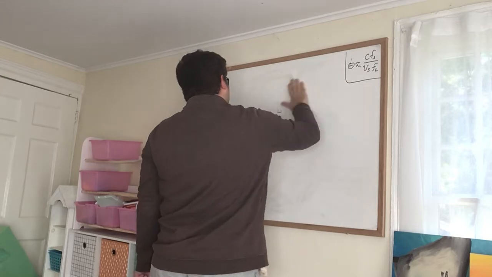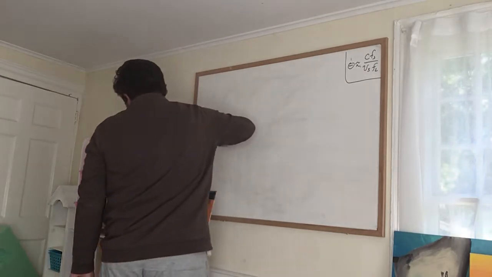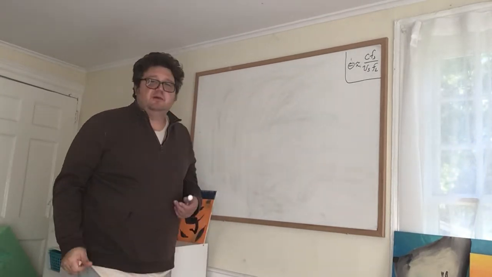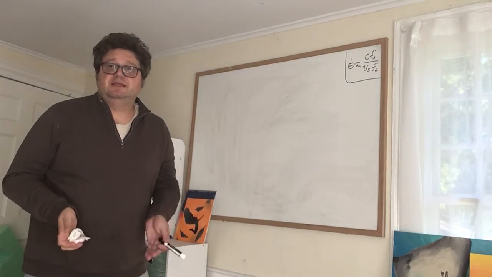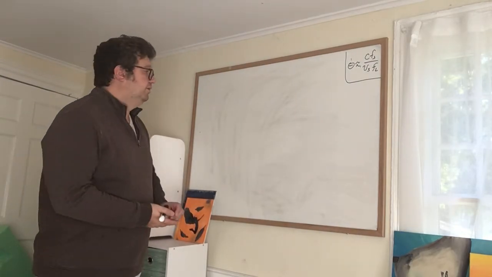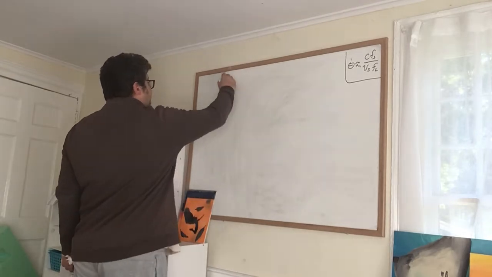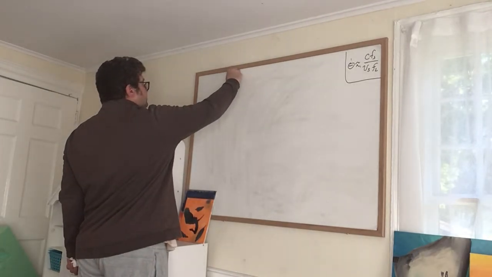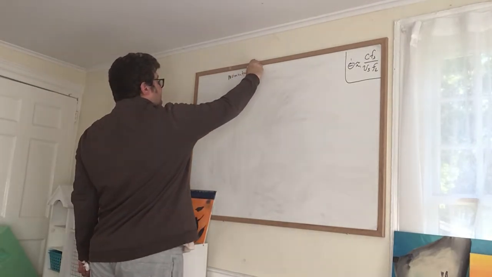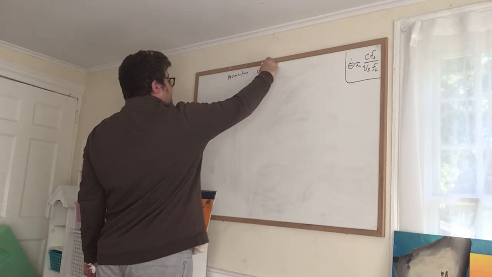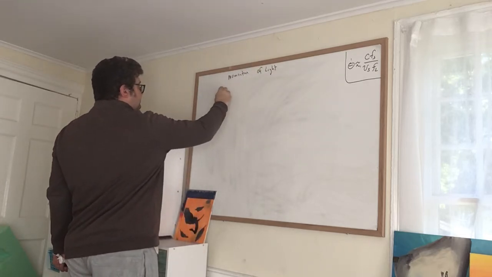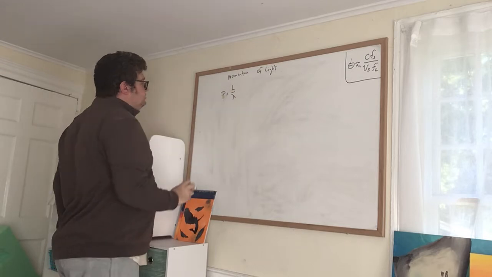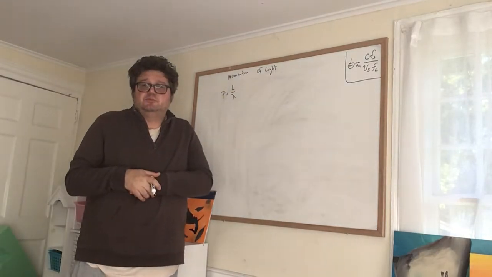And so the first thing we have to do is think about what the momentum of light is in a particle form, right? So the momentum of light is given by h over lambda, where h is Planck's constant.